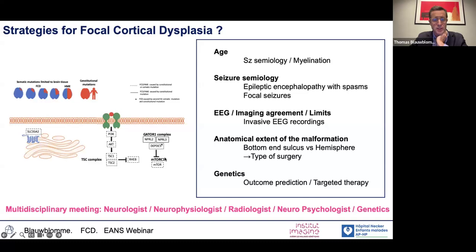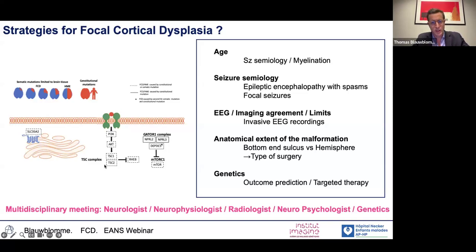So how can we improve these results? Can we have very good strategies to deal with patients with focal cortical dysplasia? I think for me there are a couple of things that we need to take into account. First is the age of the patient, because seizure semiology will vary according to age. The myelination of the cortex explains why seizure semiology can change according to age.